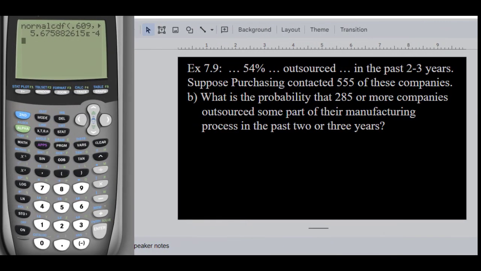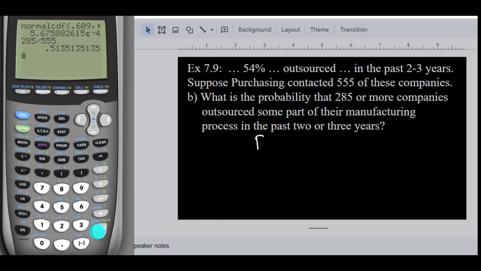So moving on to part B. What is the probability that 285 or more companies outsource some part of their manufacturing? So again, we've got to take that 285 and divide by 555. And that means the p hat that we're dealing with here is 0.514, we'll say.